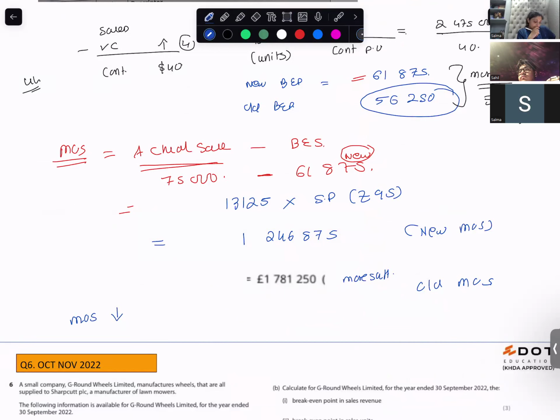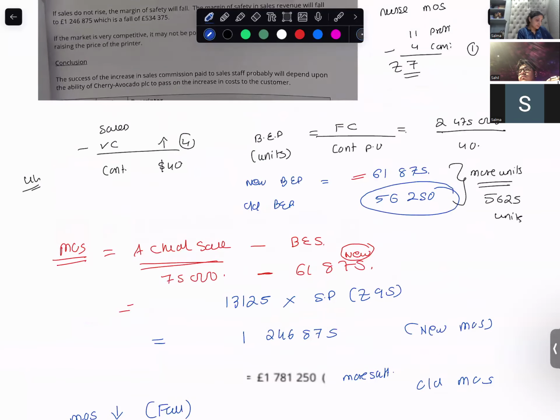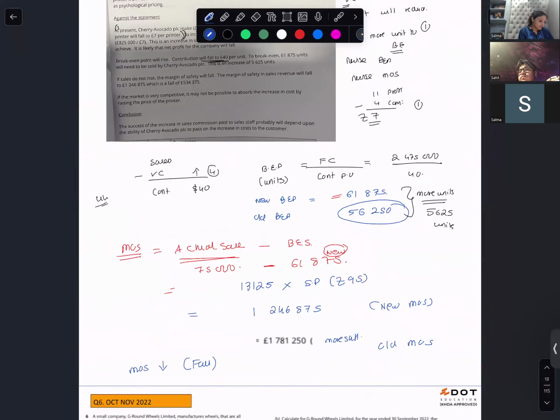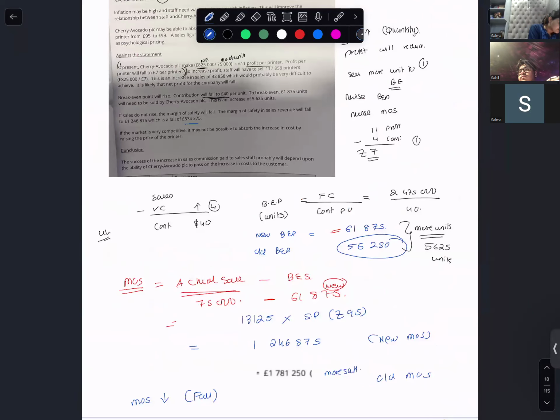This is your old margin of safety when you had less variable costs.